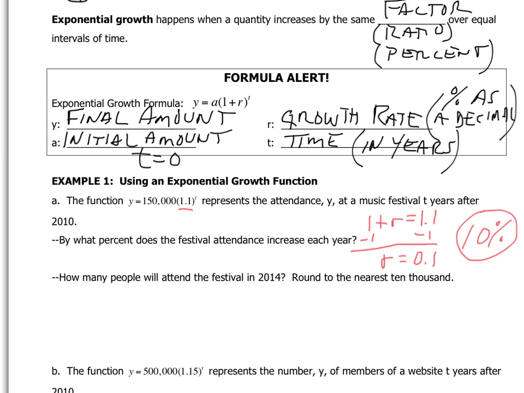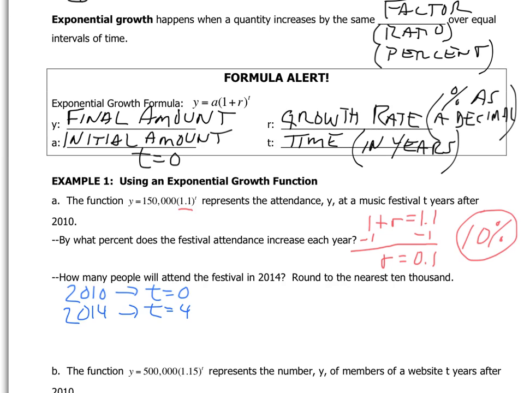So 2010 represents when t is 0, meaning that's our initial starting point. So 2014 would be when t is 4. So we don't want to plug in 2014. We're using our starting year, 2010, as our base, or t equals 0, and then after that would be the number of years that we will be using this function.